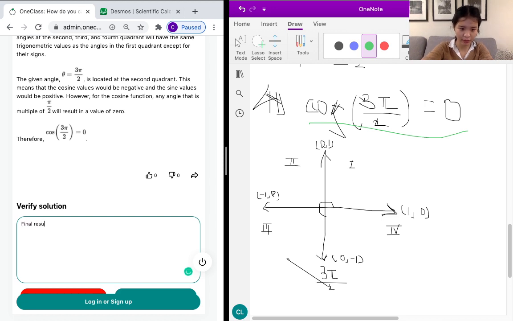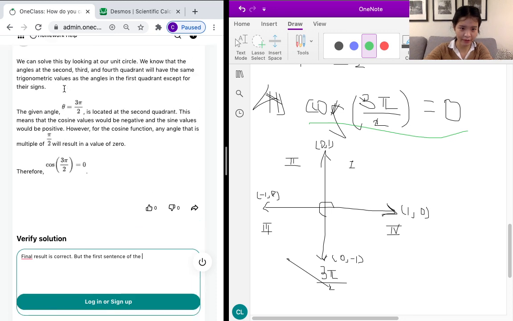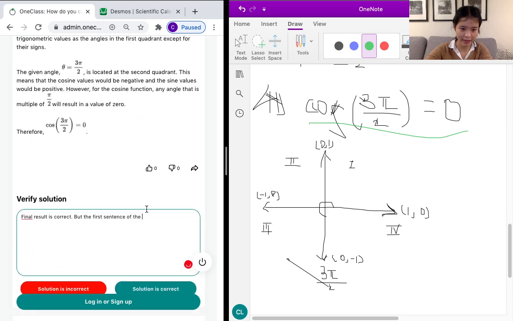The final result is correct, but the first sentence of the second paragraph is incorrect.